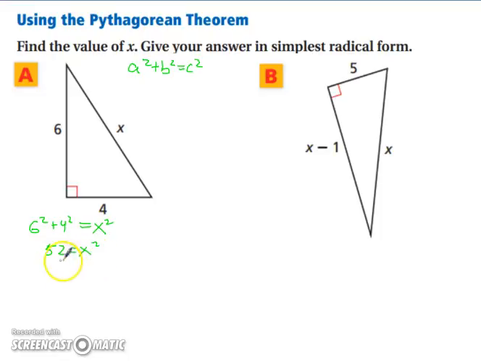We want to get x by itself, so we're going to take the square root of both sides. They wanted us to put our answer in simplest radical form. So we can split 52 into 4 times 13. We chose those numbers because 4 is a perfect square, which means we can then say that it's 2 square roots of 13.